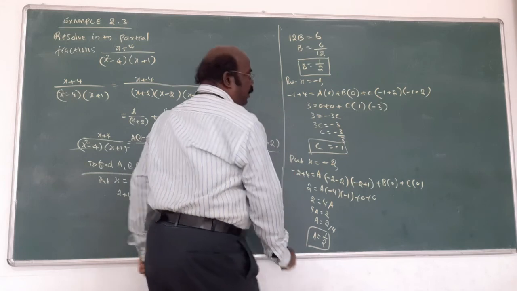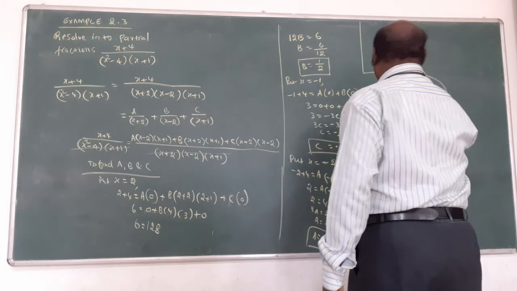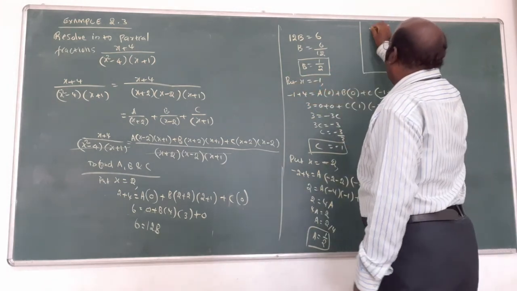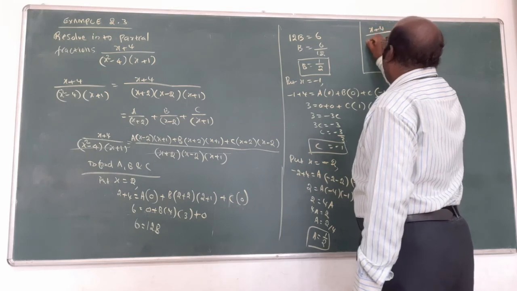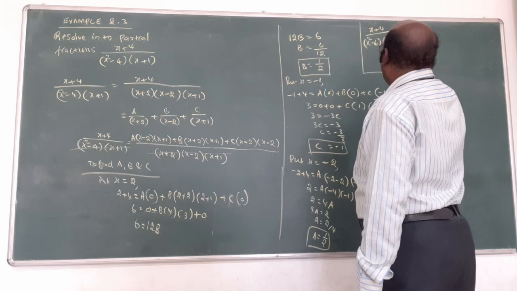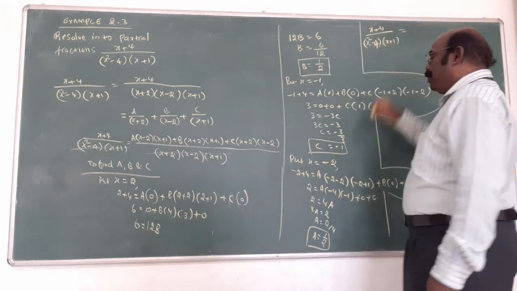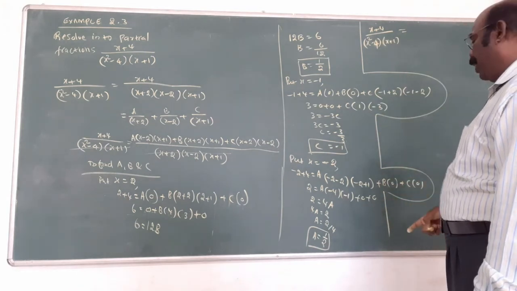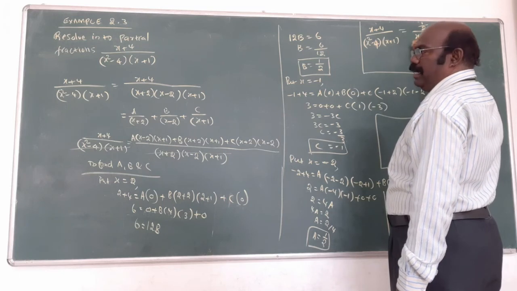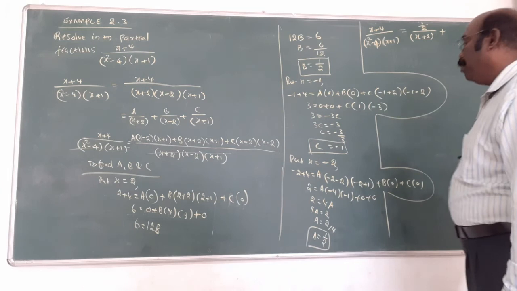After finding a, b, c, now write the question. What is the question? x plus 4 divided by x square minus 4 into x plus 1 is the question. Equal to a by... a is what? 1 by 2. 1 by 2 by x plus 2 plus b.